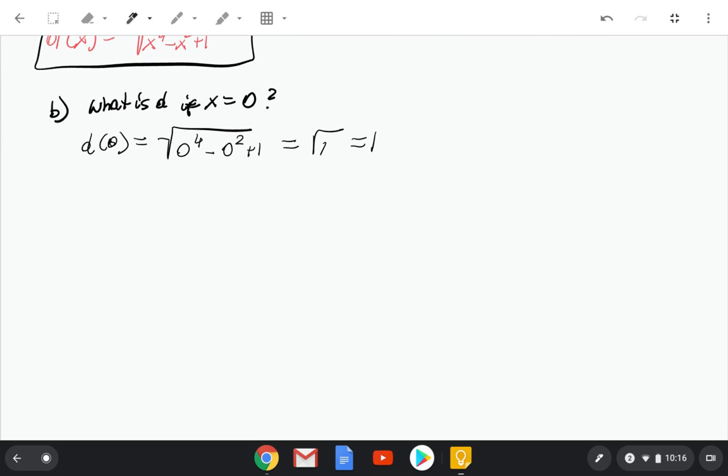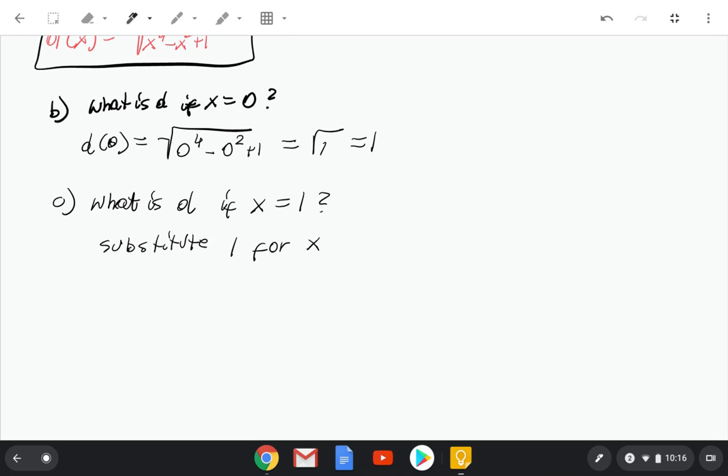Okay, and let's solve C. What is d if x equal 1? So you're going to do the same thing, substitute 1 for x.